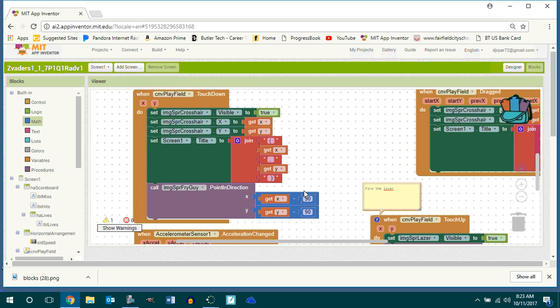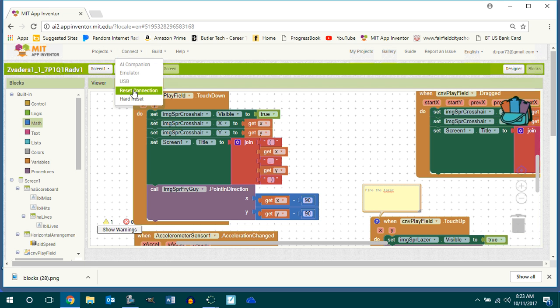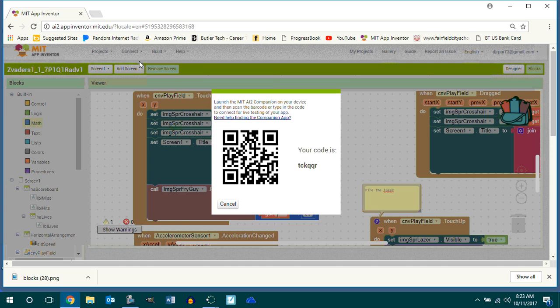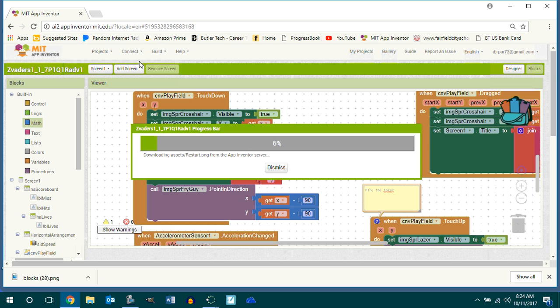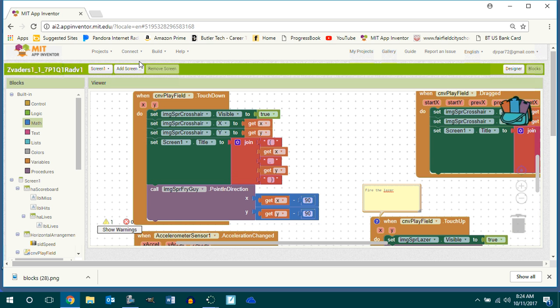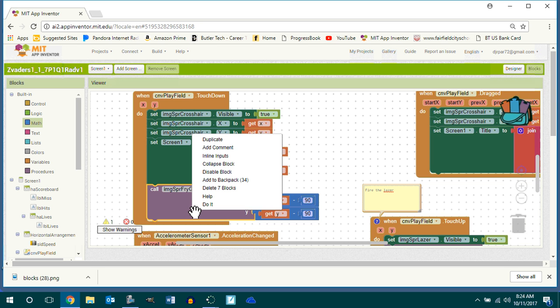Do a hard reset. Still not facing the right direction. Okay, so actually what I'm going to do is just go ahead and get rid of this.